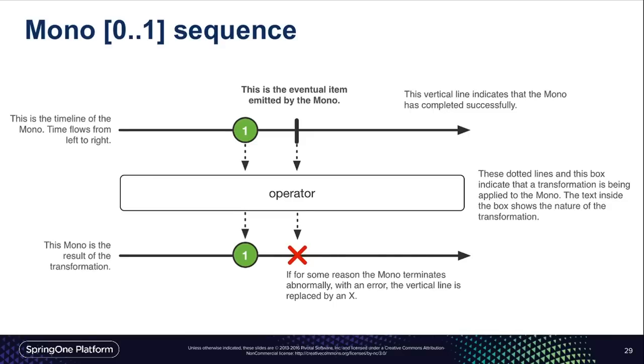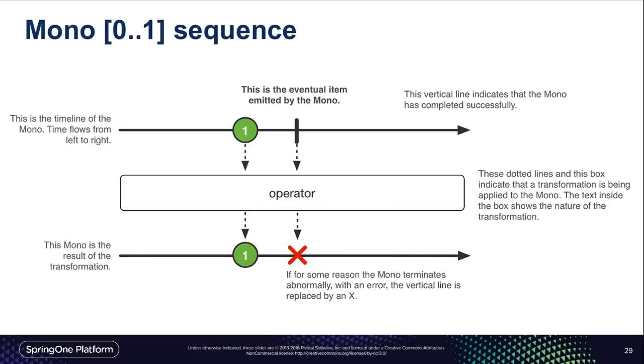But Mono and Flux are really the main API that you use to compose the asynchronous logic. Mono is really just a variation to deal specifically with data sequences of 0 or 1. And this is comparable to CompletableFuture, how you would think about using that.